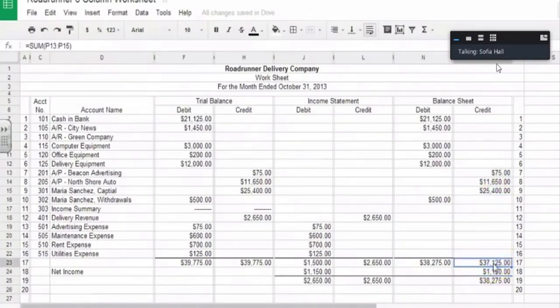So all I did was change that formula, and what do you know? It comes out to 38,275 down here, because I had my formula and I changed this cell plus this cell, it automatically changed for me, okay? So now I'm just going to bring down this number here, and we've got two columns, our debit and our credit column, that now equal each other, okay?